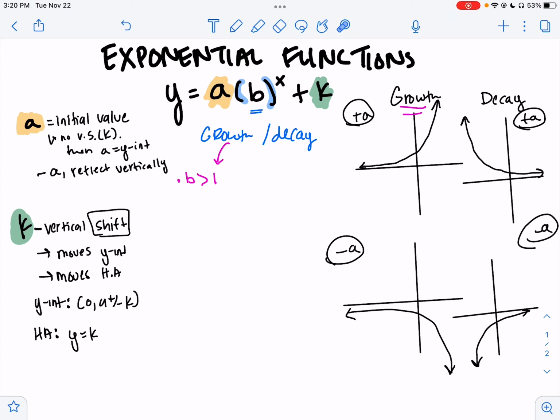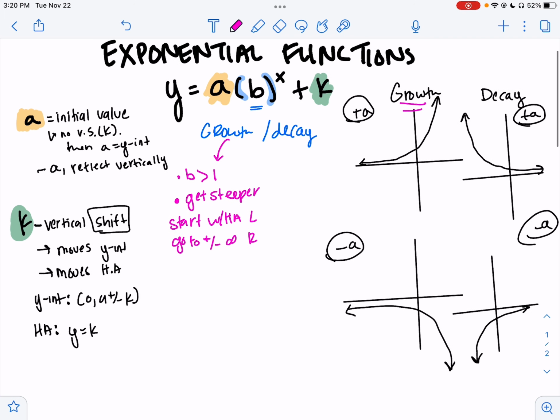The other thing we need to talk about with growth, as we've seen here, is that growth graphs get steeper. They start with their horizontal asymptote on the left, and they go to positive or negative infinity on the right.